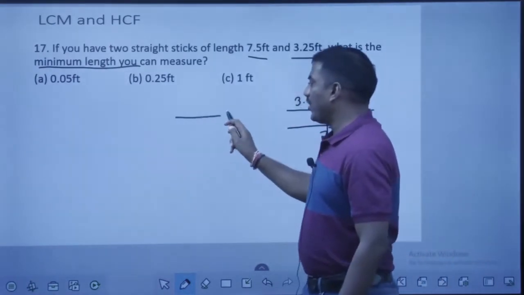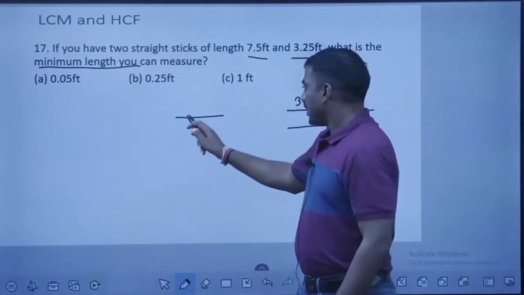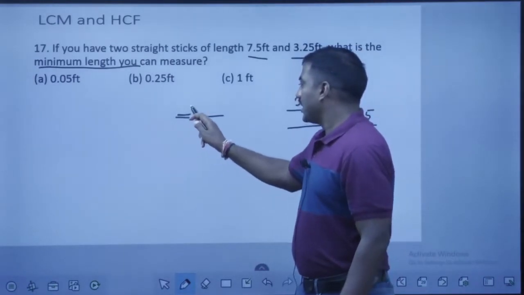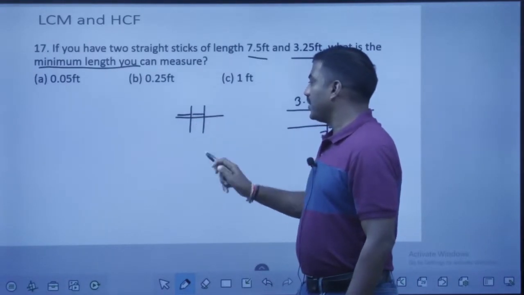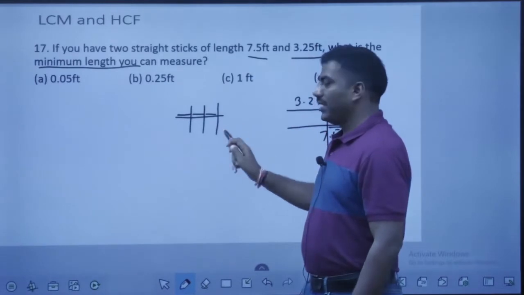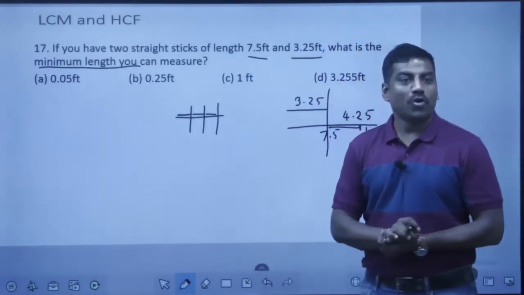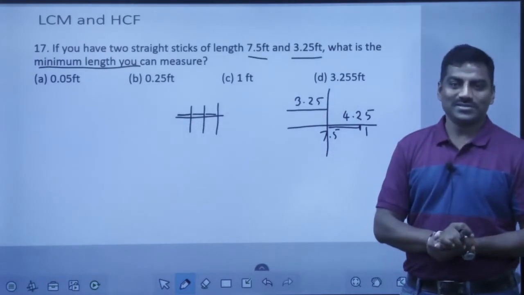Now there is 3.25 and 1 foot. Keep 1 foot, cut it, keep 1 foot, cut it, keep 1 foot, cut it. What will be remaining? 0.25. That is the minimum that is possible.